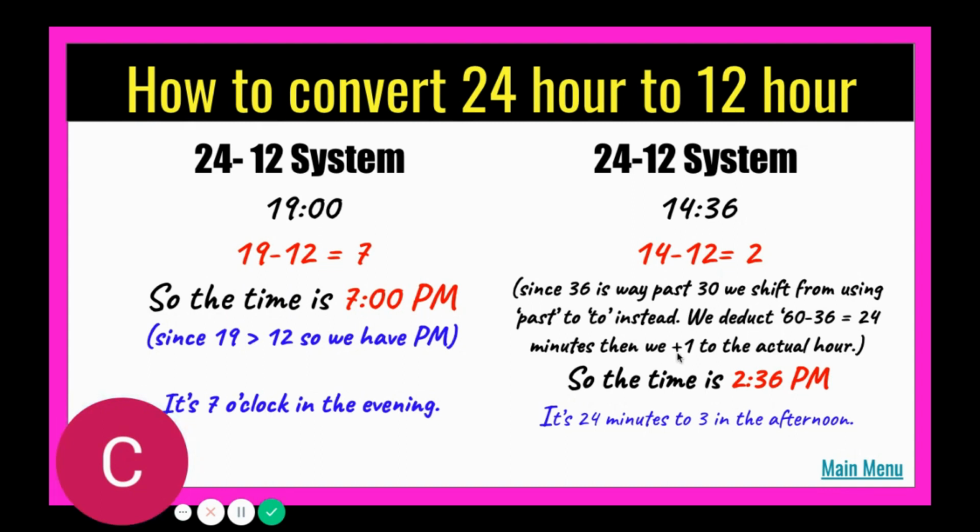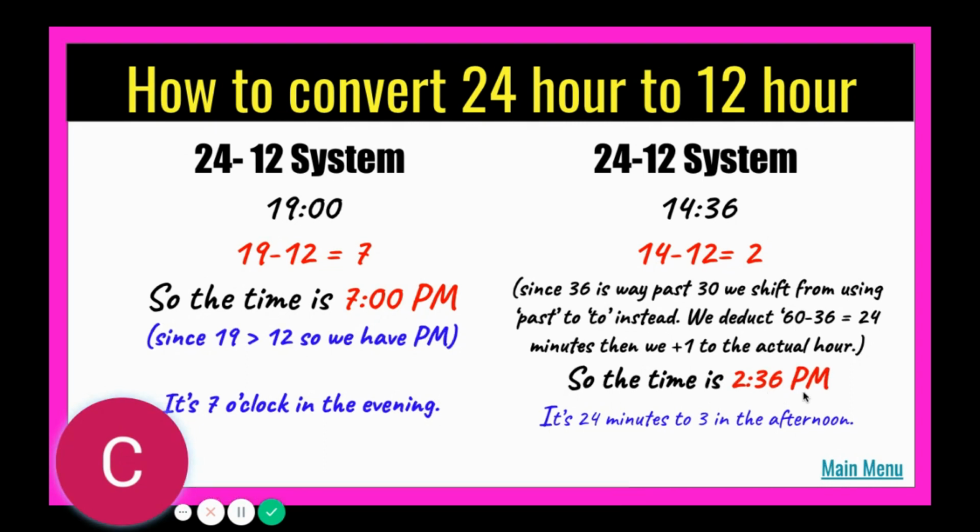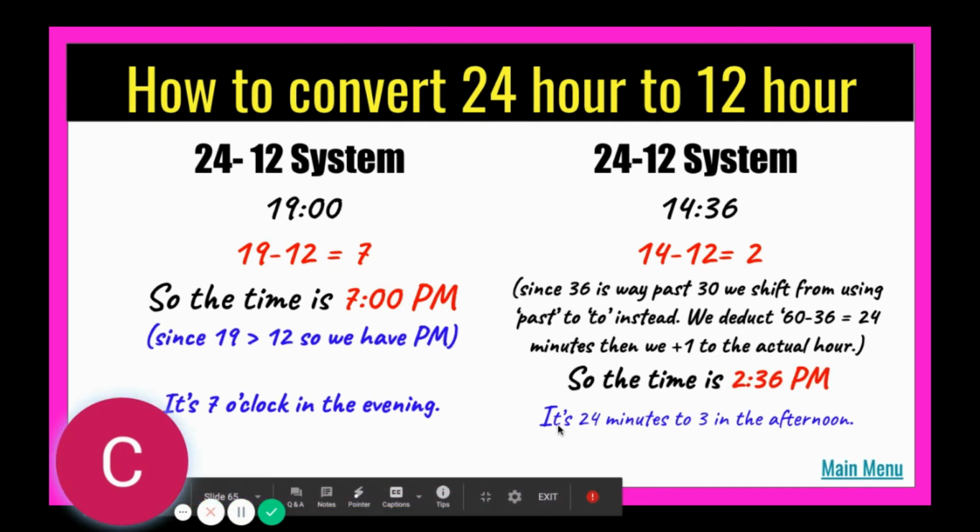Then we add 1 to the actual hour. If you want to read it simply, it goes like 2:36 p.m. But if we wanted to write it in a more formal way, it's 24 minutes to 3. Why? Because 1 plus 2 is 3 in the afternoon. Again, it's 24 minutes to 3 in the afternoon.